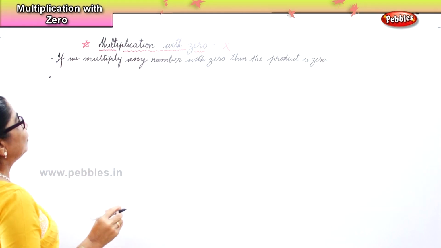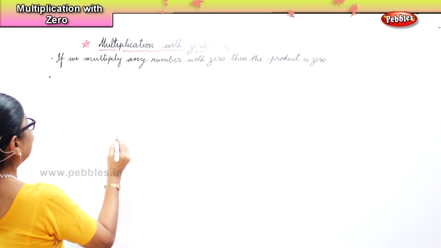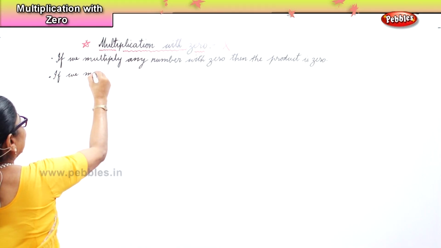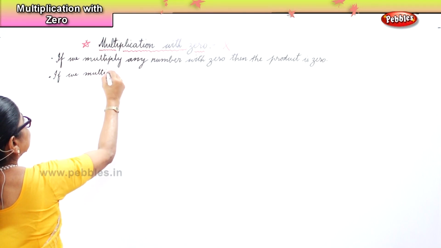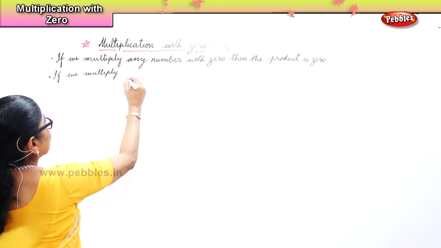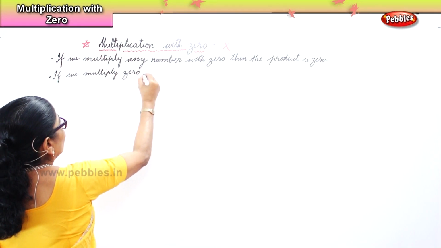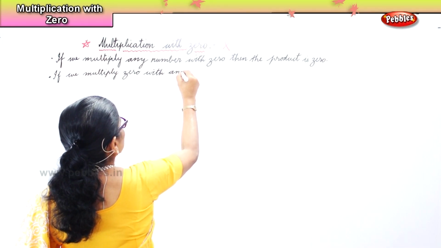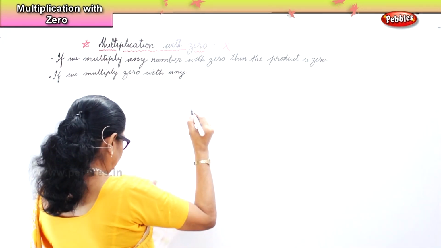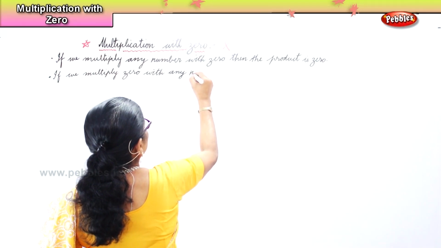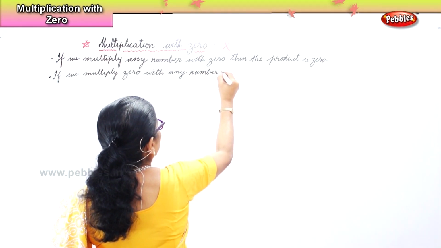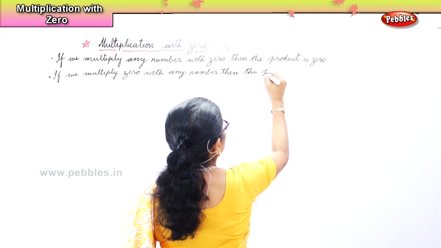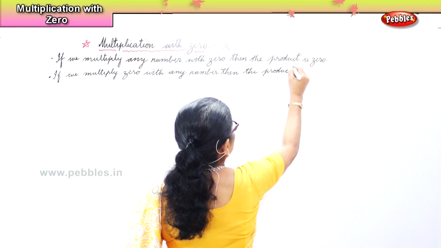And the second one, if you multiply 0 with any number, then the product is 0.